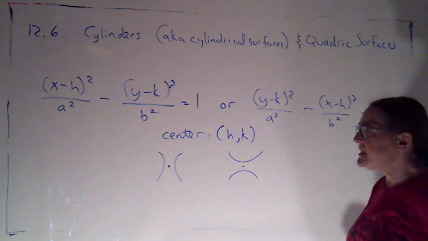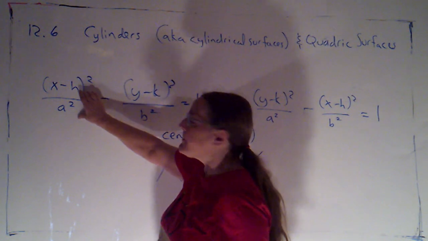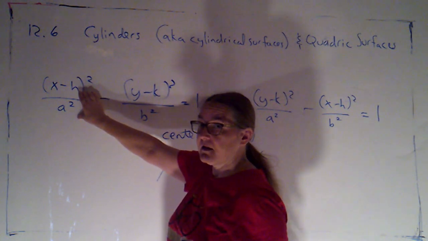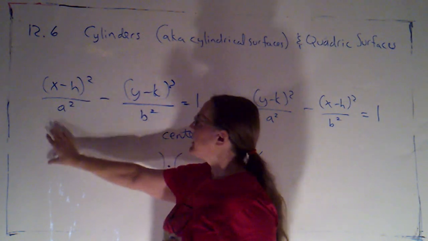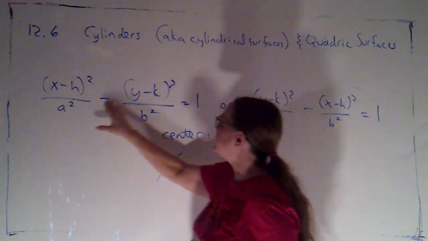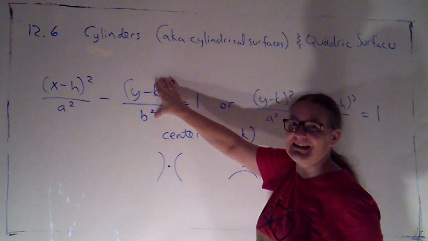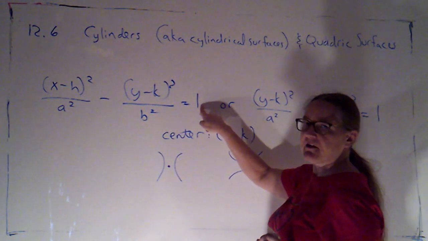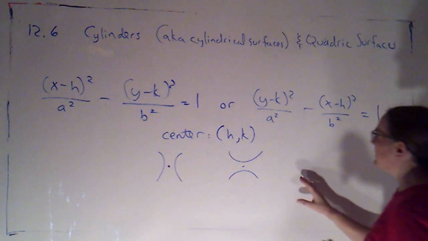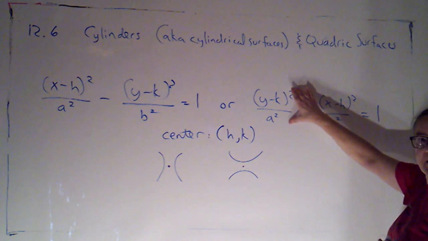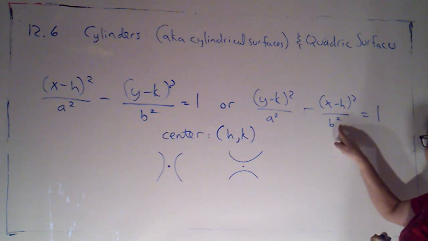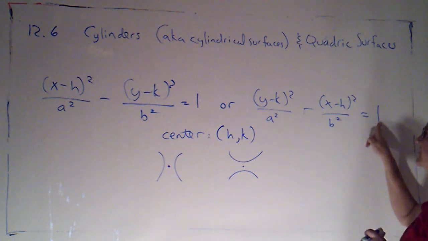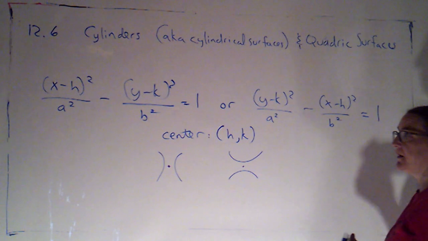Well, what that means is that this positive term here, the one I start with, can never be 0. If I had 0 and I subtracted something that isn't negative, there's no way I could get 1. Here, this term can never be 0, because if I had 0 here and I subtracted something that isn't negative, there's no way I could end up with 1.